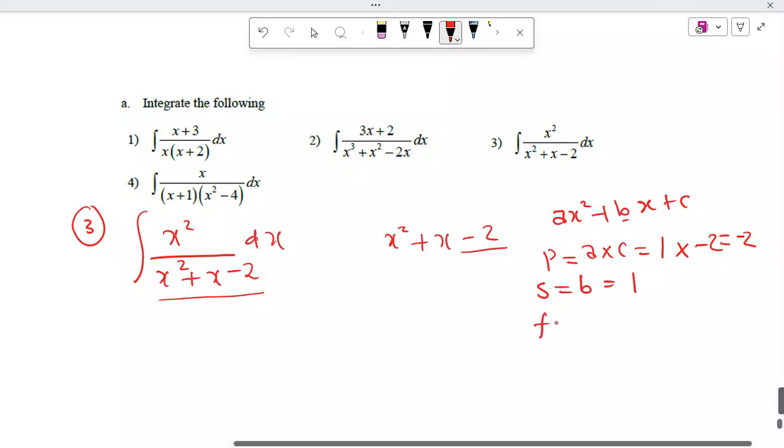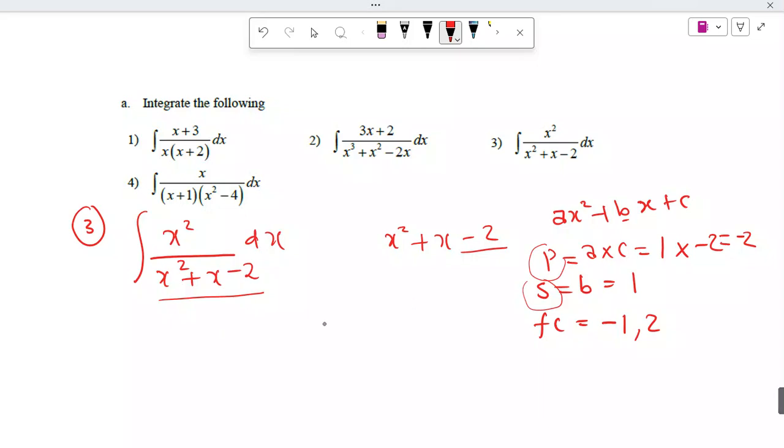Then you find factors. Factors are numbers which, when you multiply them, give you the product, and when you add them, give you the sum. We had earlier calculated negative 1 and 2. You can start with either negative 2 or negative 1, it's the same thing.